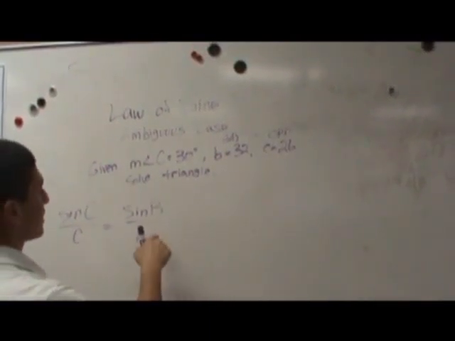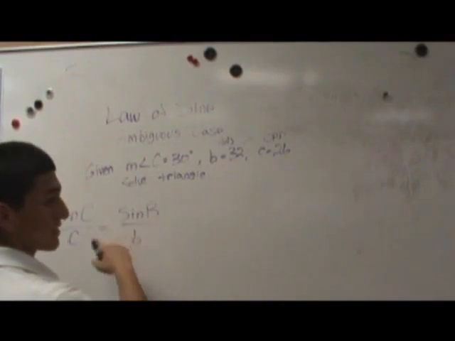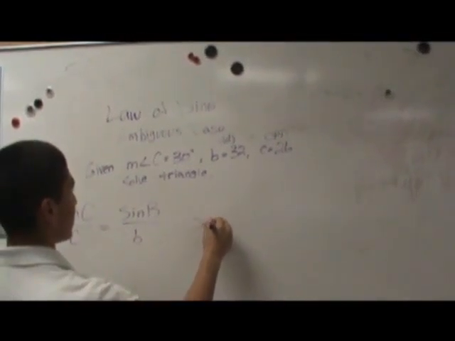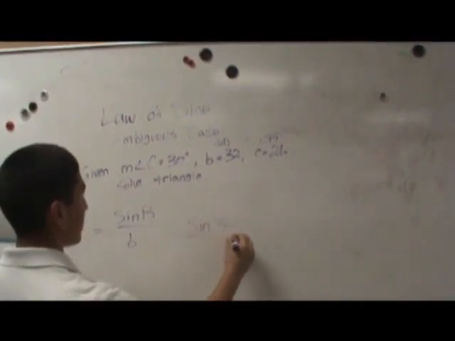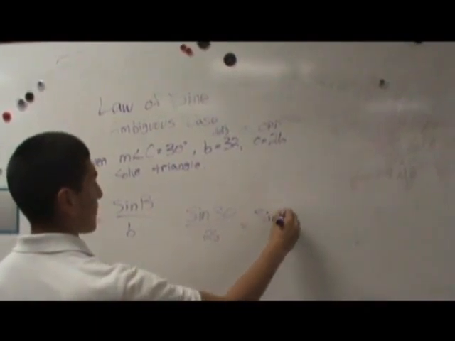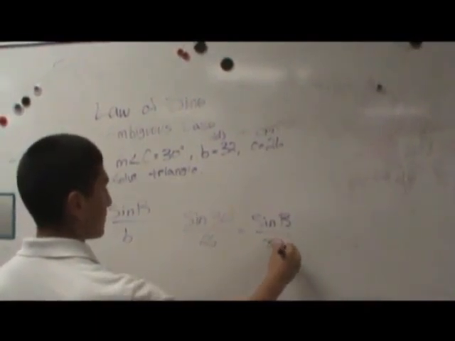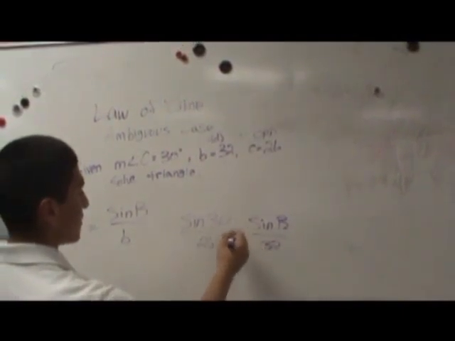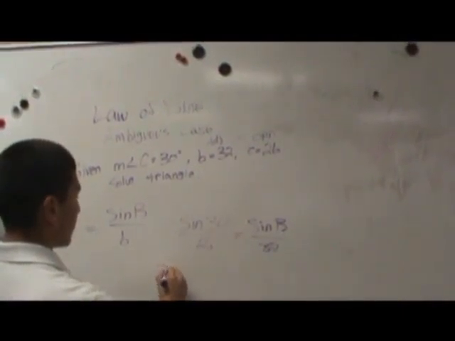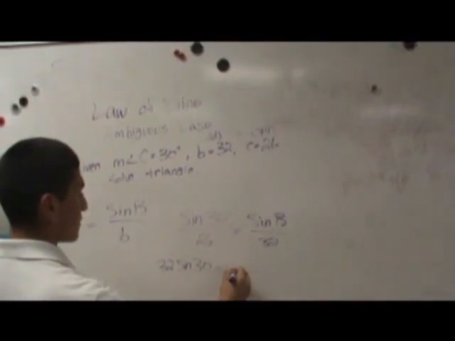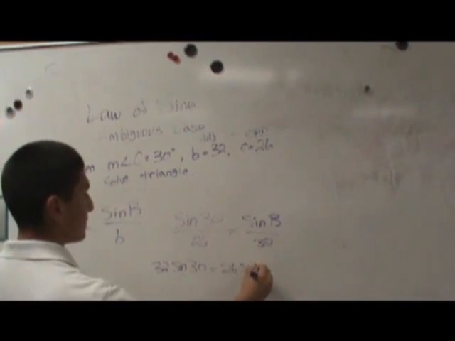We just plug it in so we can find the big B. So it would be sine 30 over 26 equals sine B over 32. We have to get B by itself so we can find the measure of that angle, so we cross multiply, we get 32 sine 30 equals 26 sine B.